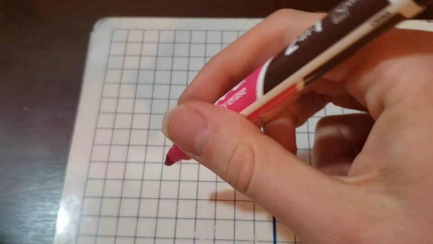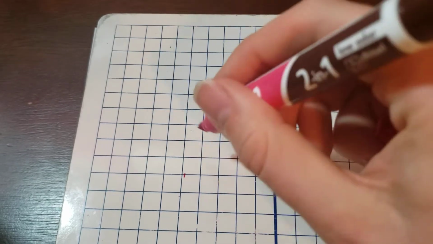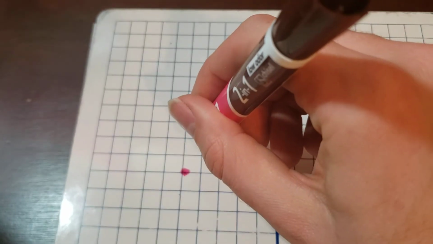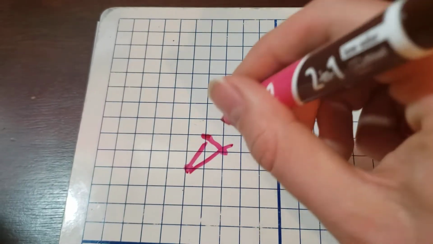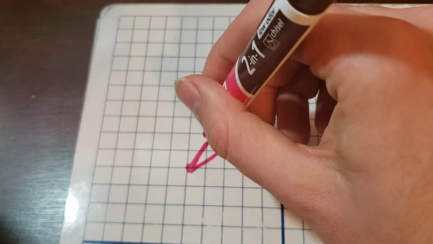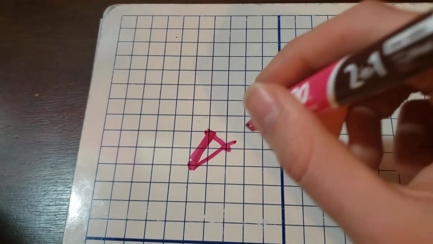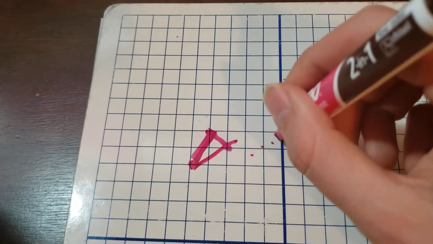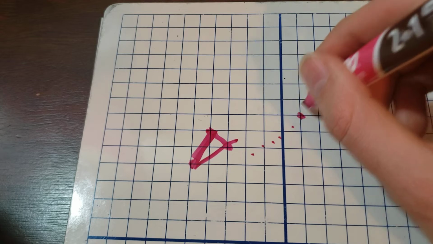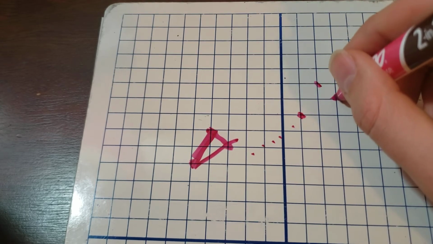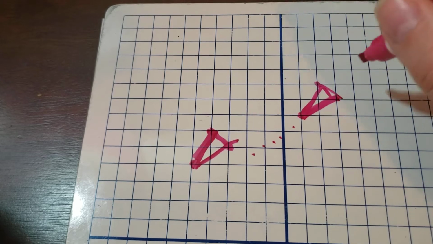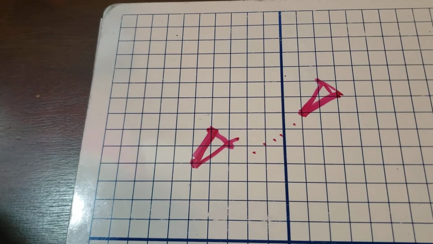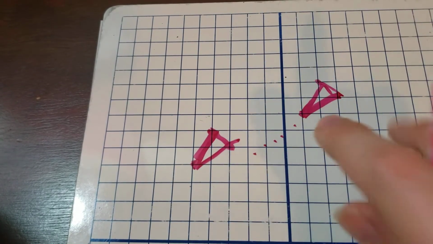So if I have this triangle, looks like pizza. Maybe I'm hungry. And it's translating up here. Same shape, same direction. It's just moved now. It's translated over.